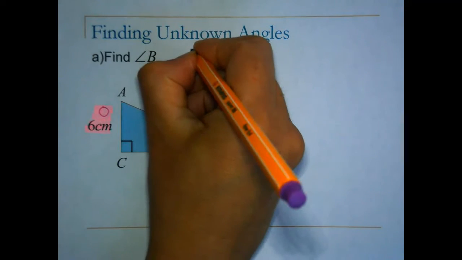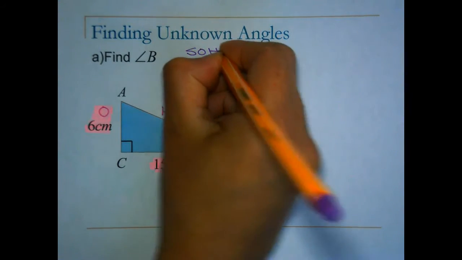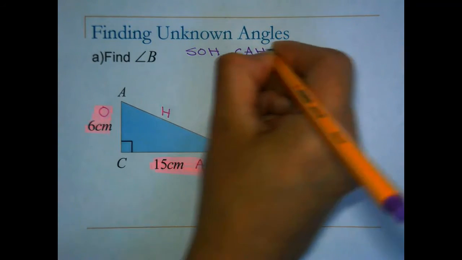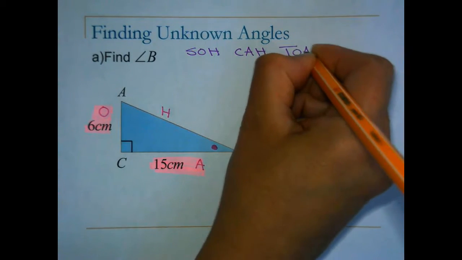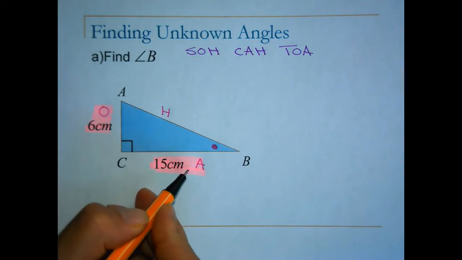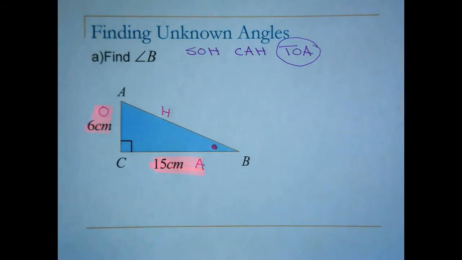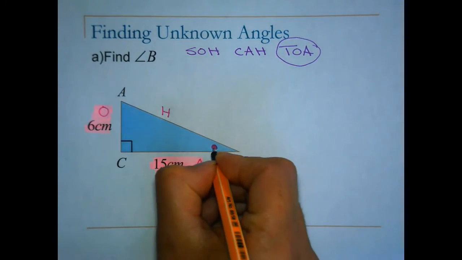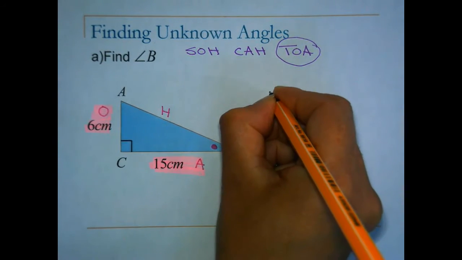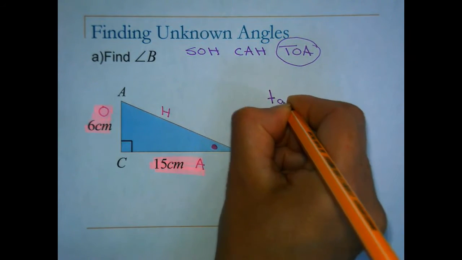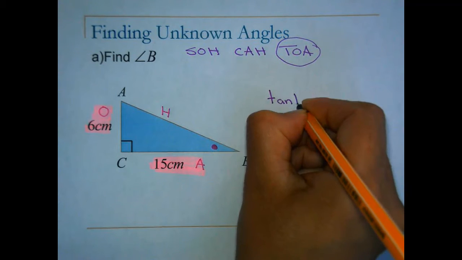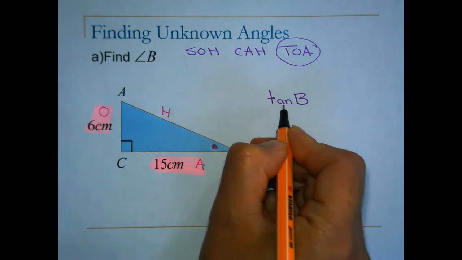I'm going to write our SOHCAHTOA here. So opposite and adjacent, that means we are going to use tangent. Now, this time we don't have the angle, so we write tangent of B. You cannot just write tangent by itself.